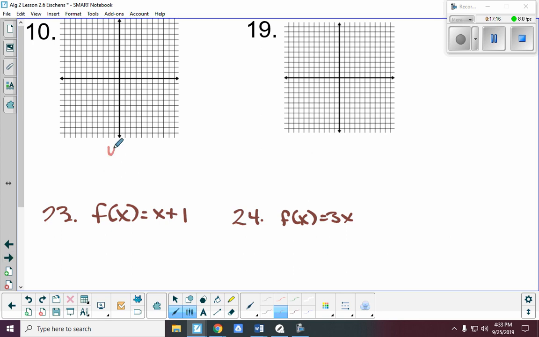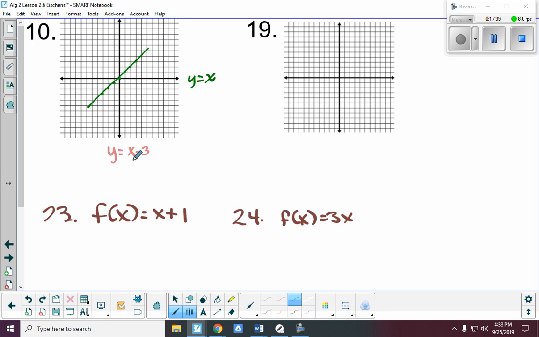So number 10 is y equals x minus 3. So the first thing you do is graph the parent function. Remember, the parent function is y equals x. So that would be 0, 0, 1, 1, 2, 2, 3, 3. All right, so that's your parent function.